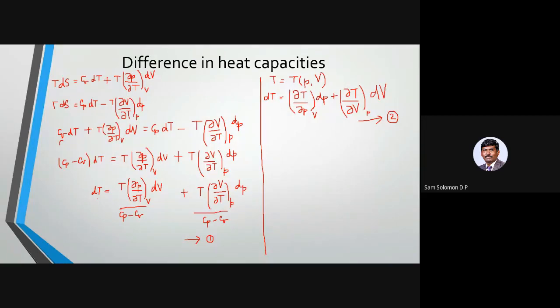So by comparing 1 and 2, what we find is partial T by partial V at constant P is equal to T times partial P by partial T at constant V, whole divided by Cp minus Cv.